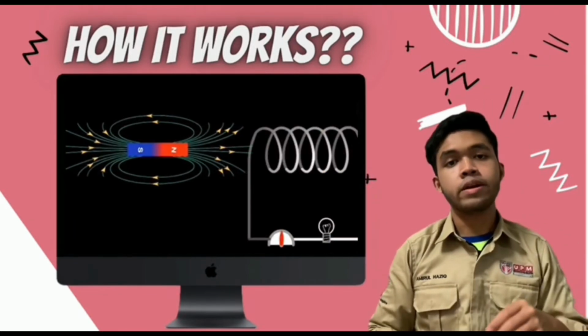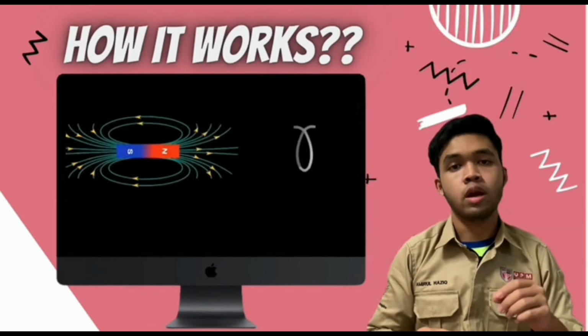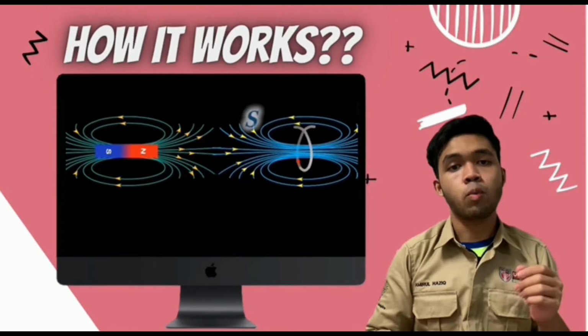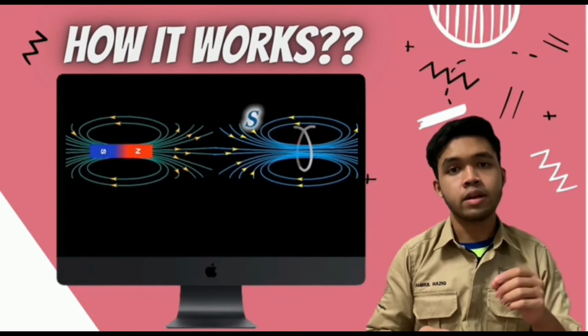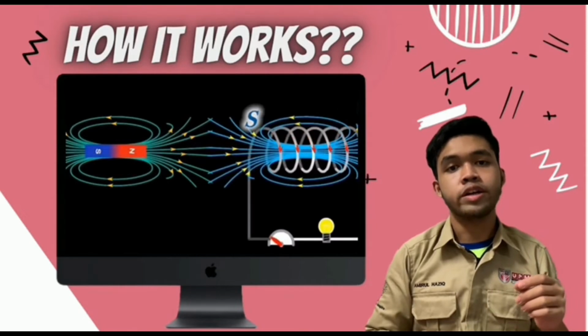But when the magnet is pulled away from the solenoid, there is a change in the magnetic field in the solenoid. However, the pole in the solenoid now becomes a south pole, which will attract the magnet back and oppose the motion of the magnet. Therefore, the induced current now becomes the opposite direction.